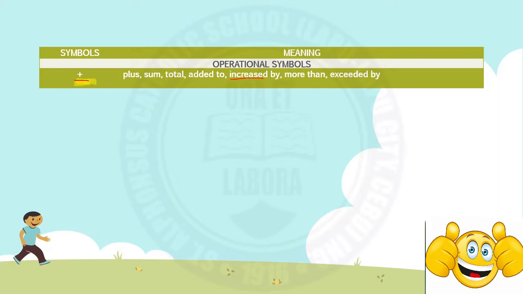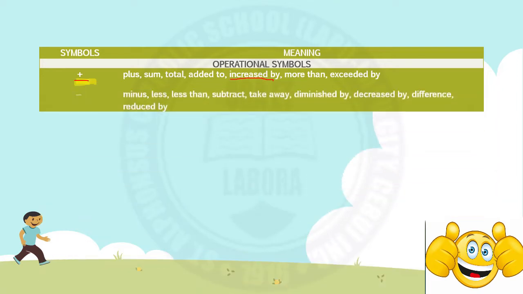This is the most commonly used word. More than, exceeded by. Next, this symbol, minus: less, less than, subtract, and so on. Mostly the common word we use is decreased by.